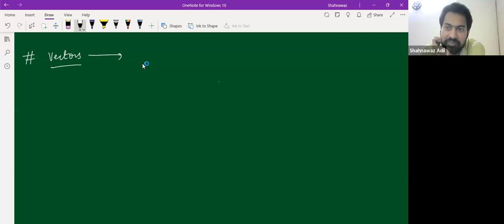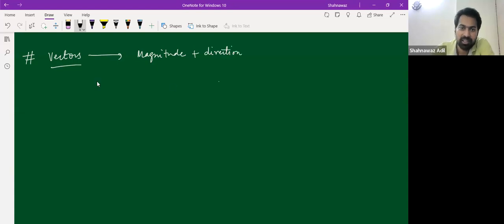Yes, you are correct. Vectors are vector quantity, and the properties of this vector quantity are that it has both magnitude and direction. So magnitude plus direction.